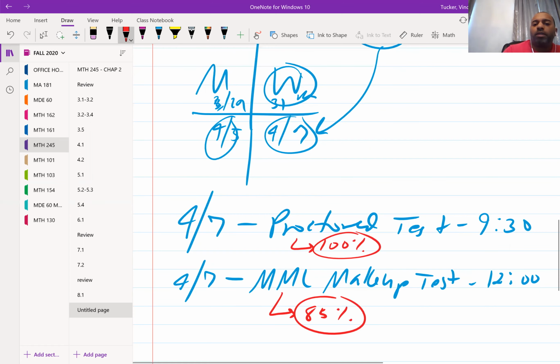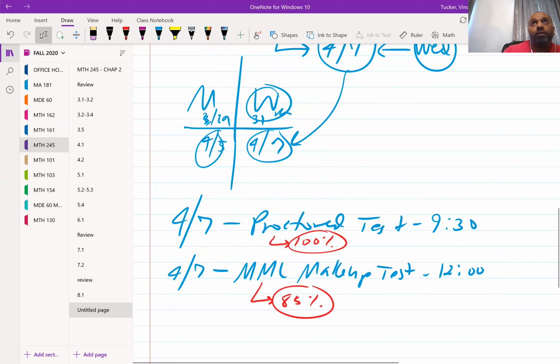Same thing as with the first test that we tried to take proctored: there will be a makeup posted after the proctored test. Once again, I'm not going to take 15% from your grade. If you score 75, I'm not going to minus 15% from it. It's just saying that the cap is going to be 85. So if you score an 80, your score is an 80. But if you score 95, I would take that as an 85.